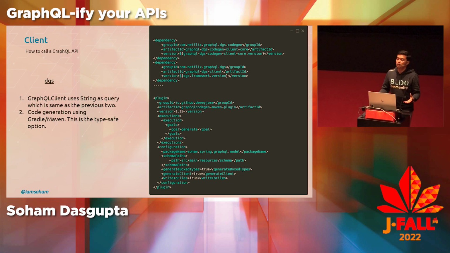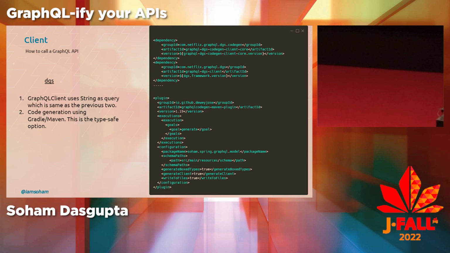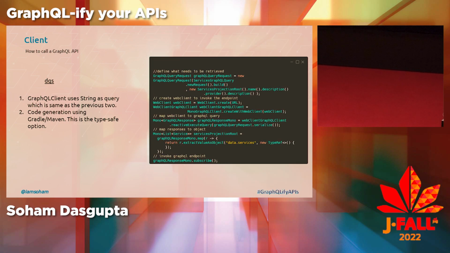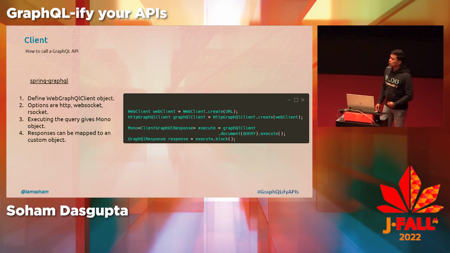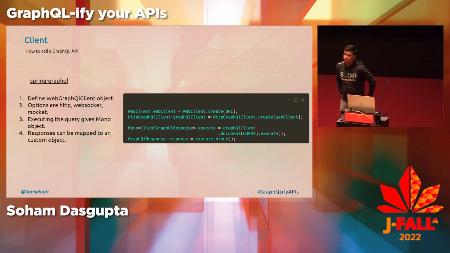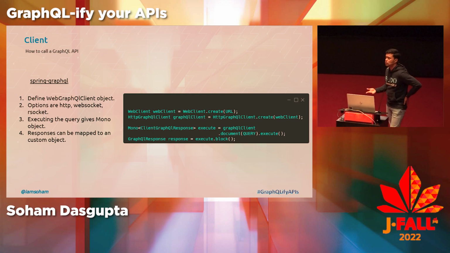You can just concentrate on what you want to query and how you want to use that result, not on parsing and changing all of that. And there are ways to do it. That's there in the GitHub as well. Spring GraphQL doesn't provide you anything. There is a way to invoke it, but you're still down to parsing and creating your queries and parsing a response.